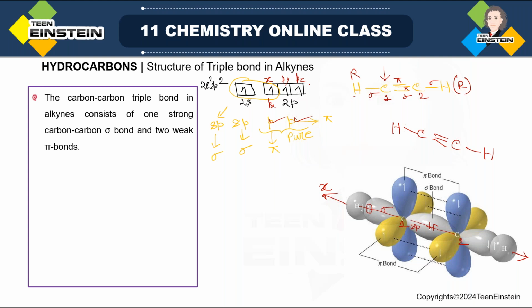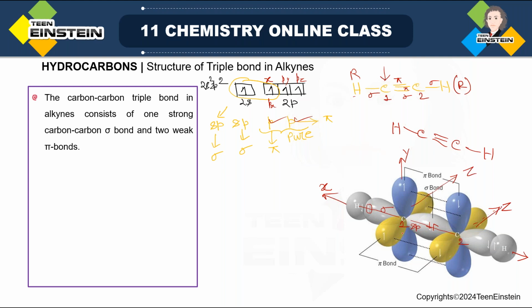If it is in the x axis, then what happens? Suppose this is the y axis, and another one will be the z axis. So these two are the z axis.